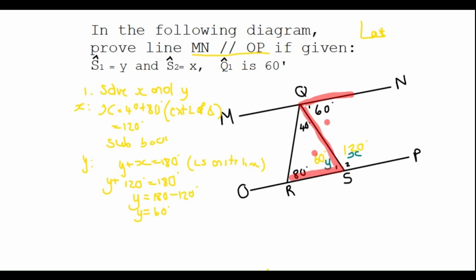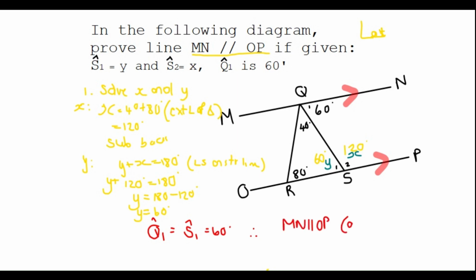And therefore I know that these lines are parallel. So let's write that down. I see that Q1 is equal to S1, and both of them are 60 degrees. I've just proven that. Thus, MN is parallel to OP, and the reason is alternate angles are equal in this case.